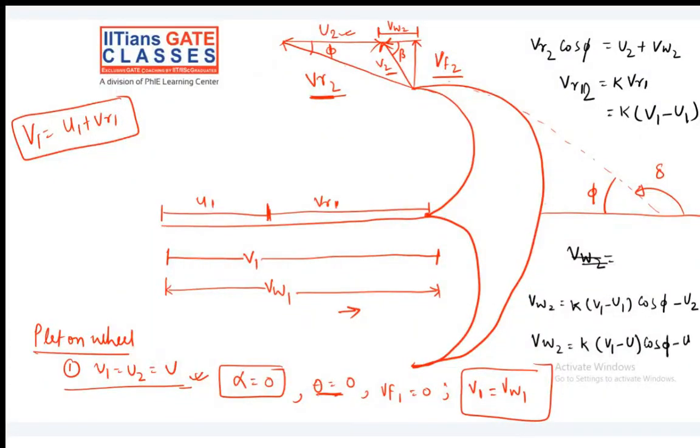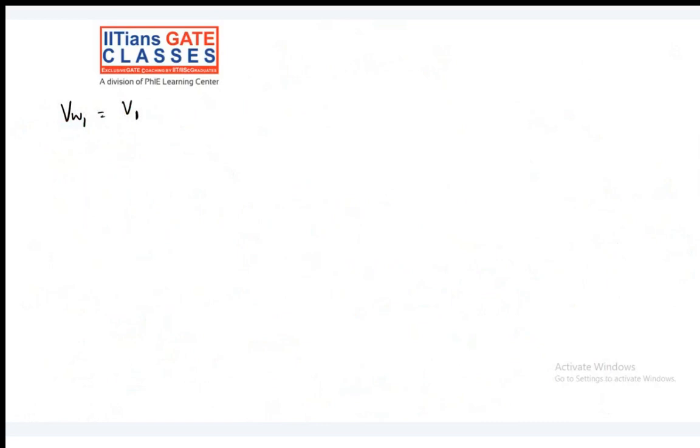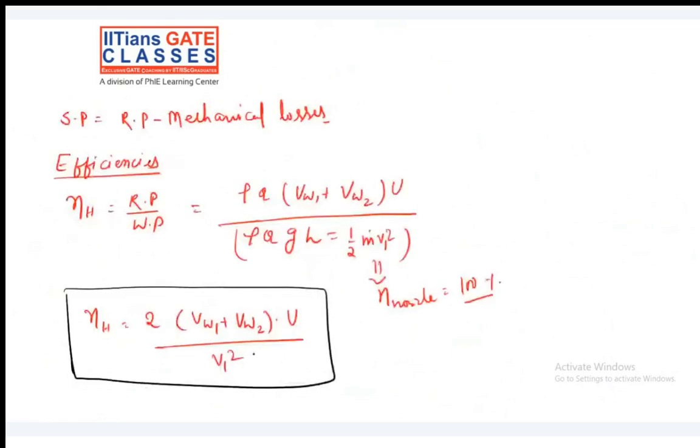Let us use this here. So I am finally writing down here that VW1 is V1 and VW2, just now we have derived, is K times (V1 minus U1) cos phi minus U2. Okay. Now, what is your hydraulic efficiency? Just now we have seen my hydraulic efficiency like this. So let us put these values here.